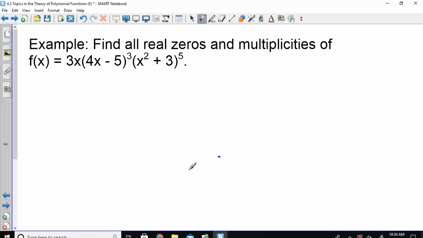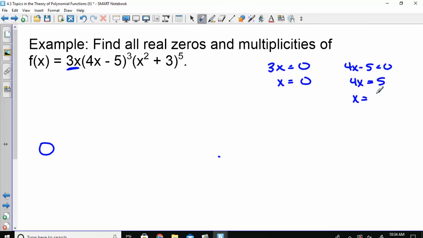If it's already factored, you guys were finding zeros on your quiz, and all you have to do is set each parenthesis equal to 0, so that's really the same thing here. Out front we have 3x, so if you set 3x equal to 0, you get 0, so that's my first one. 4x minus 5, if I set that equal to 0, you get 5/4.